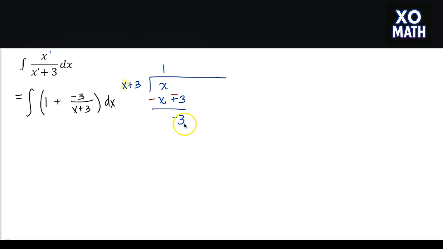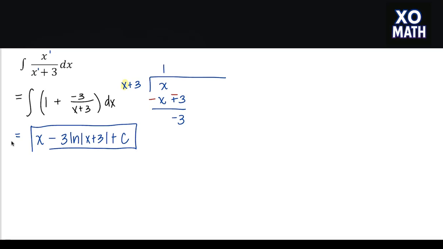So again, the quotient plus the remainder over the divisor, if there is a remainder. And if this integrand is equivalent to this, then we can just integrate piece by piece. So we get x minus 3 natural log absolute value of x plus 3 plus c. So, 3 different ways to find the same integral.